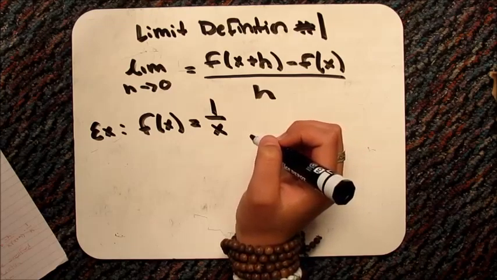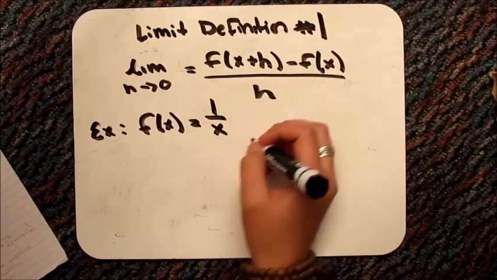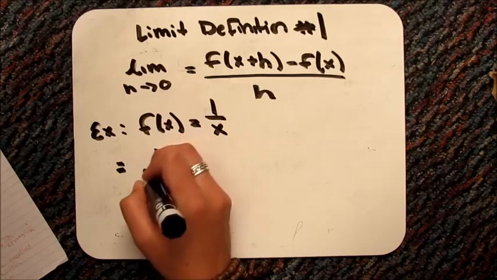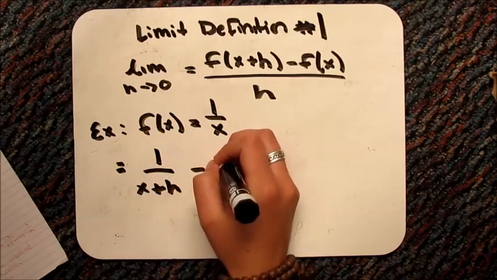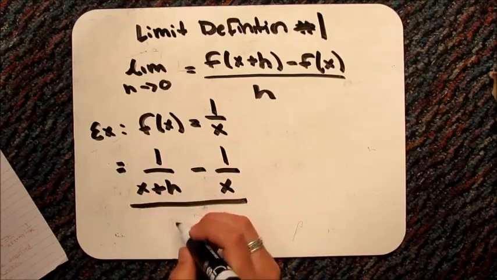So to find the derivative of this function, what we want to do is plug in 1 over x into our x's. So what we'll have is 1 over x plus h minus 1 over x all over h.